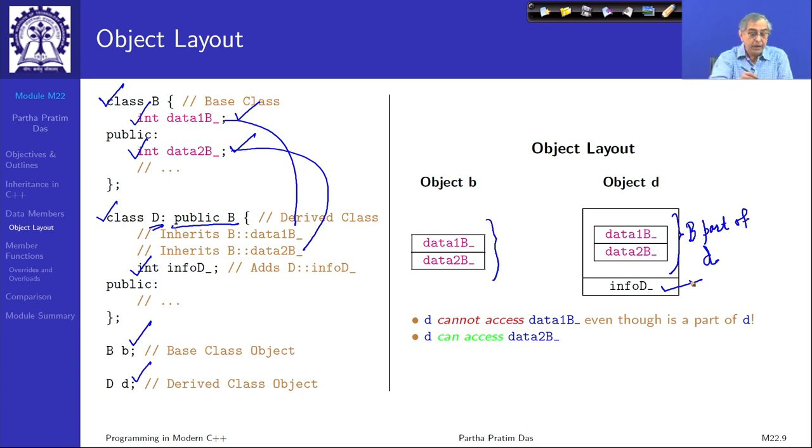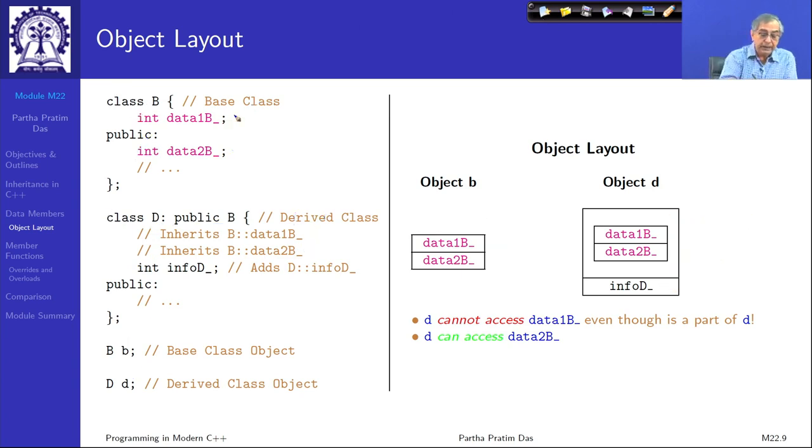Right? Now, what do these access restrictions tell me? They tell us that the derived class object D cannot access this data member, even though it contains it. This is a situation which did not happen before, because everything was in terms of one class.